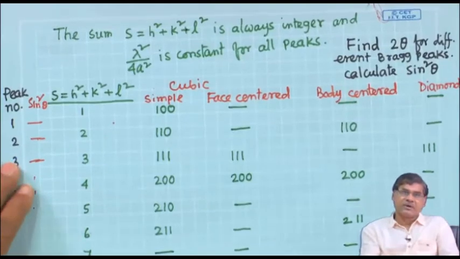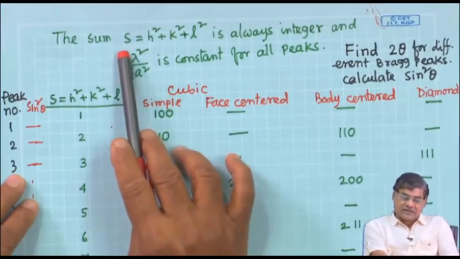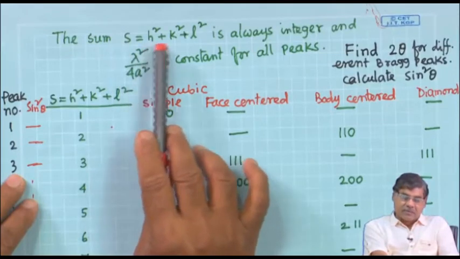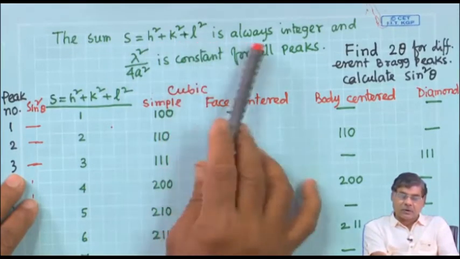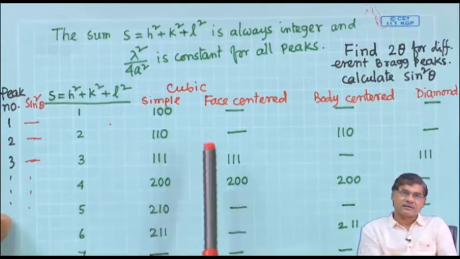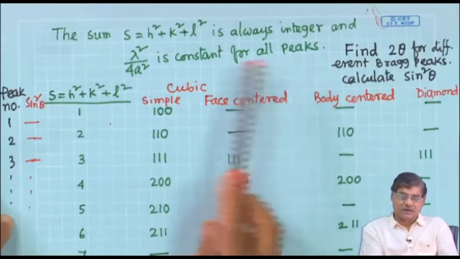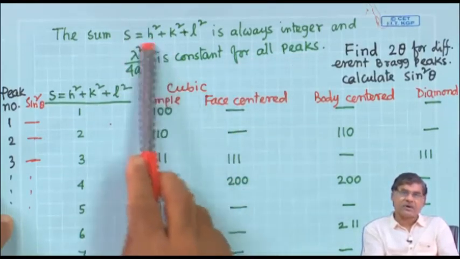So, s will be an integer, meaning h square plus k square plus l square is always an integer, and lambda square by 4 a square is constant for all peaks.